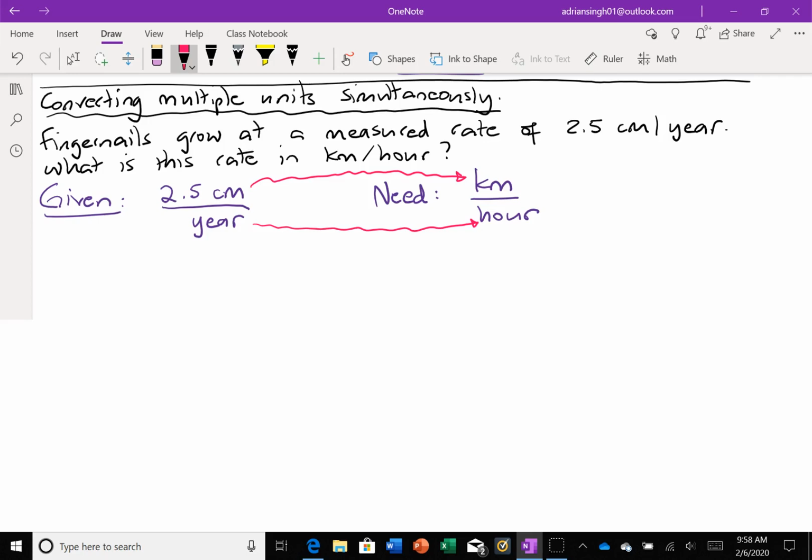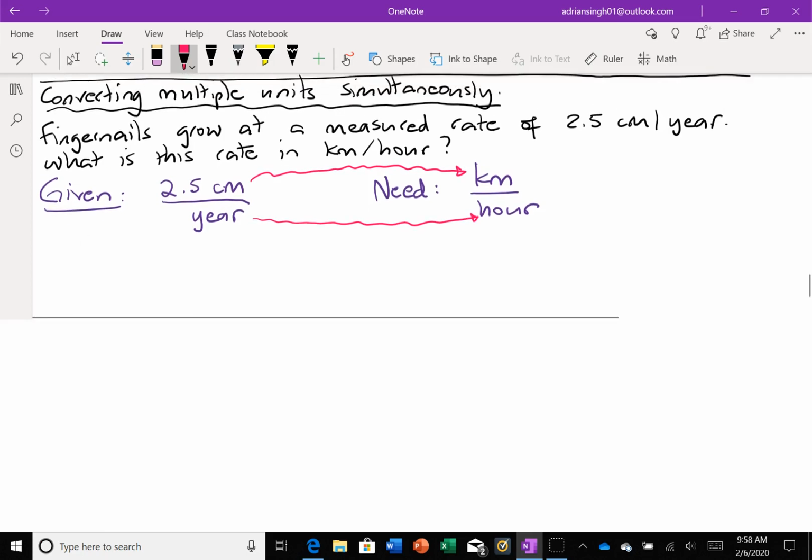So let's take a look at how we can do that. If we want to go from centimeters to kilometers, we may not know how many centimeters there are in a kilometer, but we can actually go through meters, which is the base unit, and then we can go from meters to kilometers, just like we did in one of the previous examples.